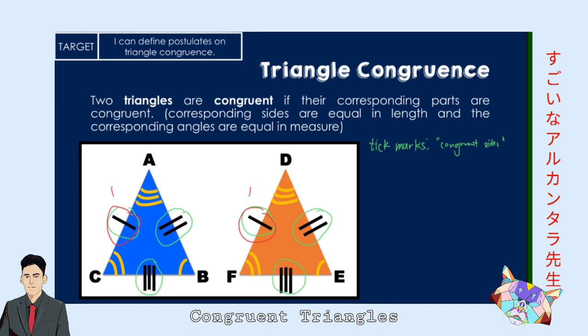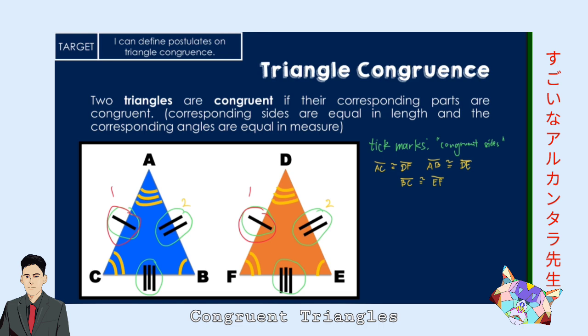This means that with these two triangles, we can say that side AC, for example, is congruent to side DF because of the tick marks alone. If you follow this concept, the one with two tick marks would be AB, and that will be congruent to side DE because they both have two tick marks. And lastly, you will have BC congruent to EF because again, they're the ones with the same number of tick marks.